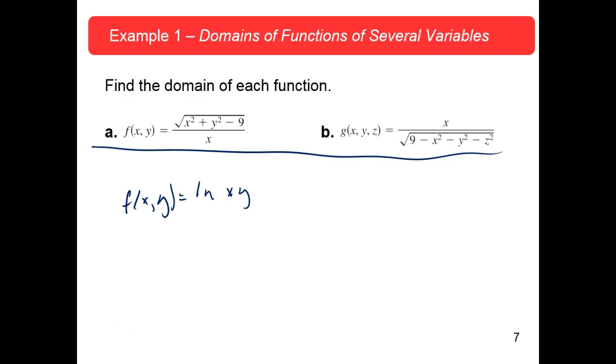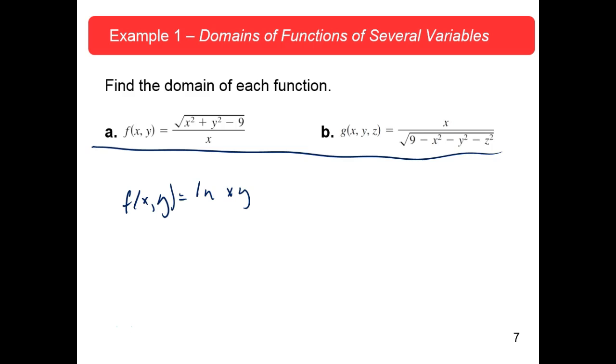And what would be the range of that function? All real numbers, because log can go very negative. If the product here is between 0 and 1, it can't be 0, and if it's 1, the log is 0.